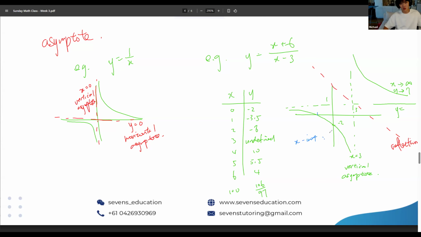So figure out the x-intercept for me right now. Okay, Adriana, that is correct. Good job.